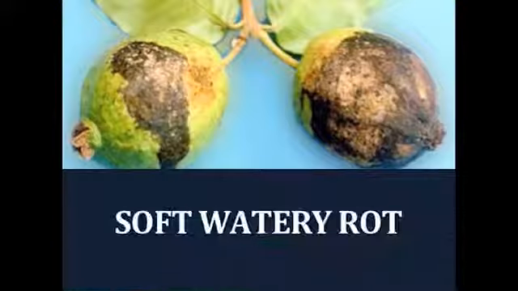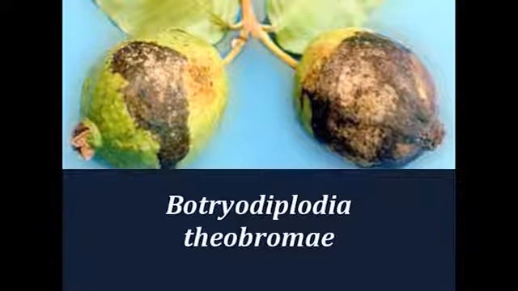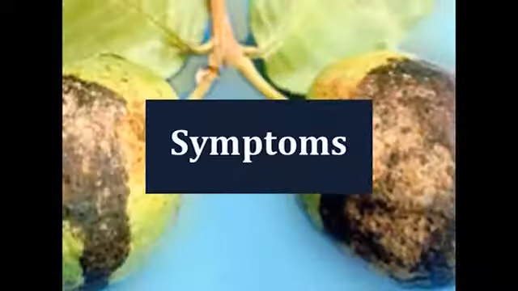Next important disease is the soft watery rot. It is caused by Botryodiplodia theobromae. Now let's see the symptoms of the disease. The infection starts as a brownish discoloration mostly at the stem end and it gradually proceeds downwards in an irregular wavy manner.